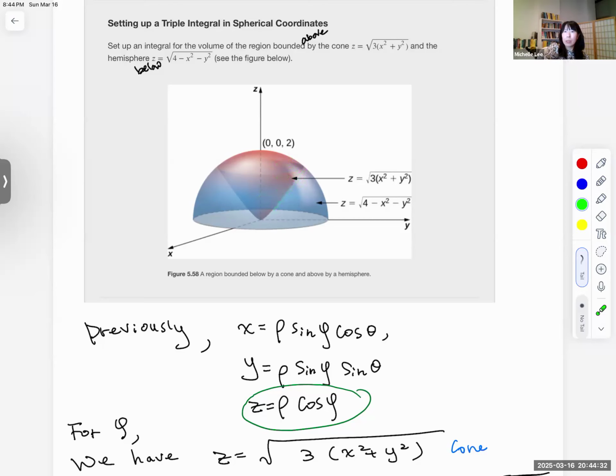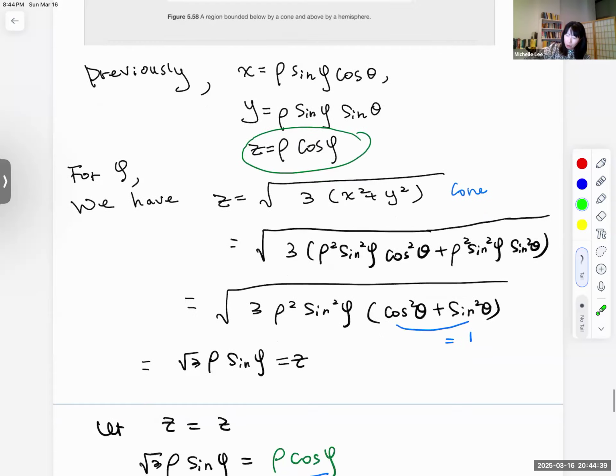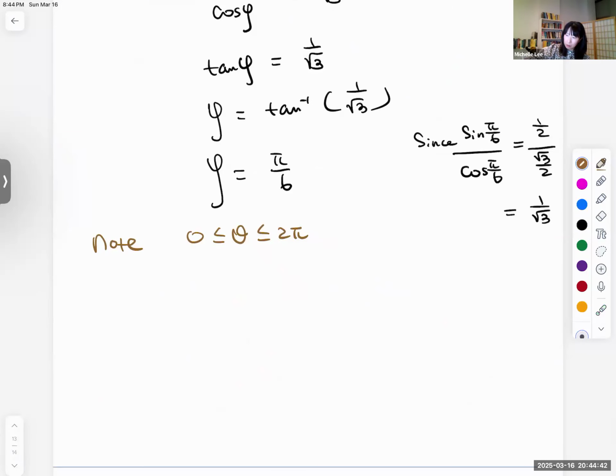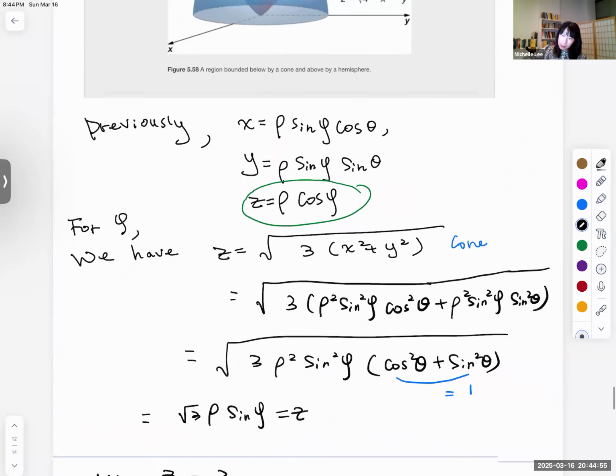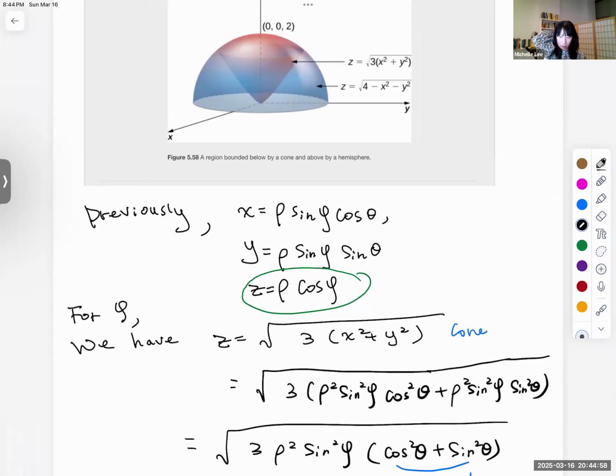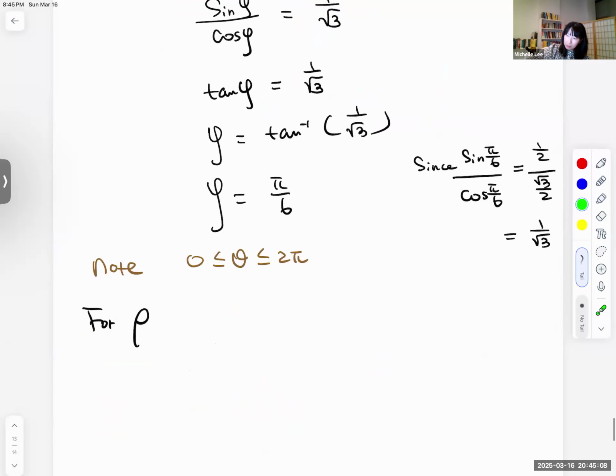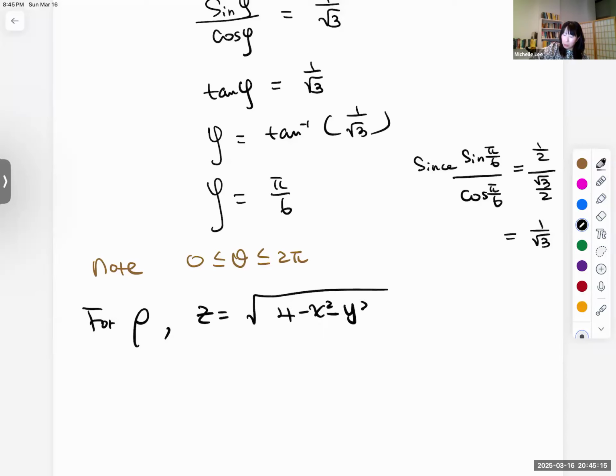Okay, now for rho, we have z equal to square root of 4 minus x squared minus y squared. So solve for rho, right?